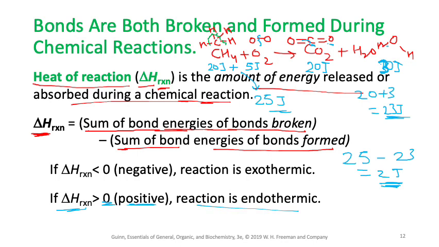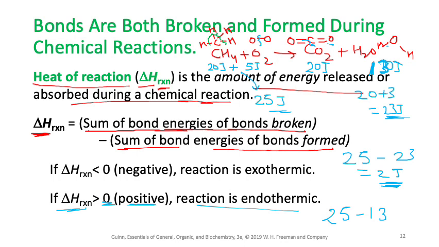But if we change the scenario, instead of 3 joules for the water, let's assume we release 13 joules. So what should the number be then? You will have 25 minus 13 plus 20.